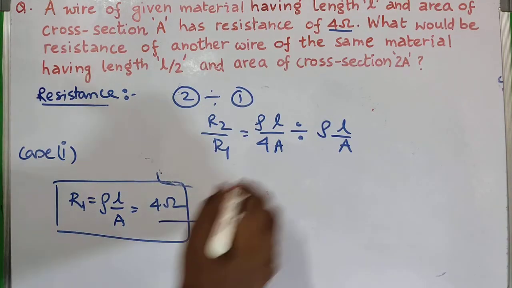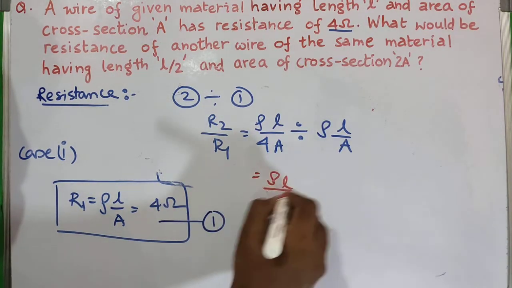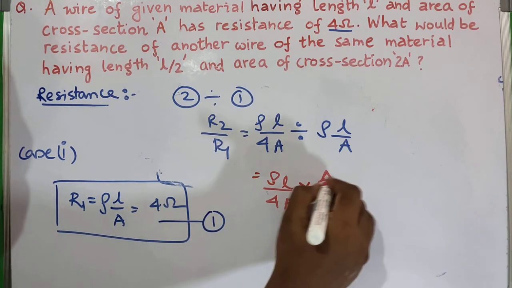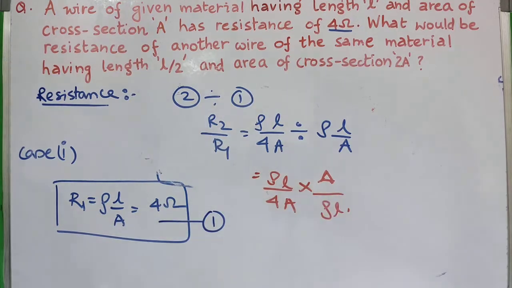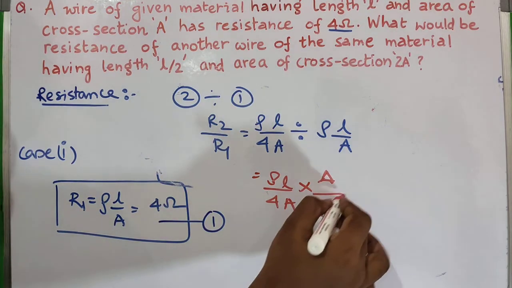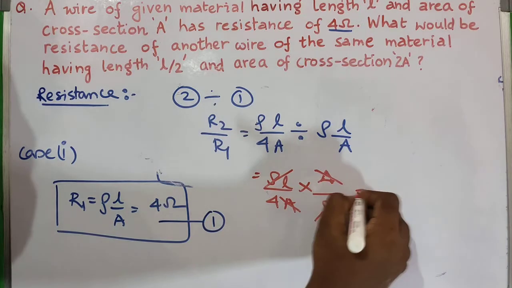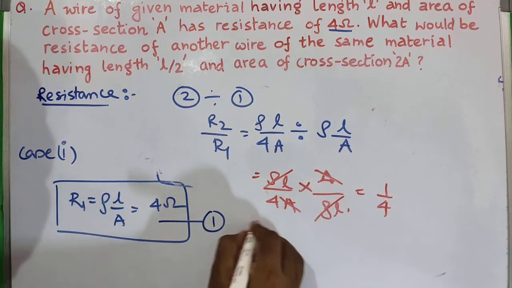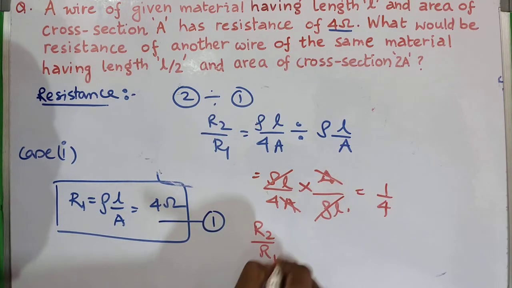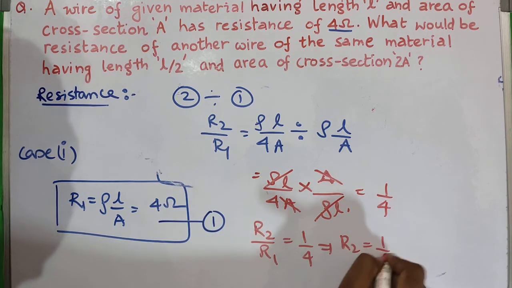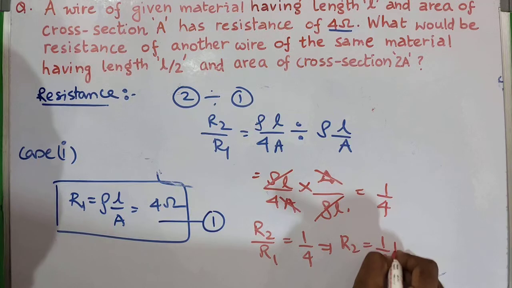So R2 by R1 is equal to, how can I write this? Rho L by 4A into A by rho L. So let us cancel this. Rho, L, A get cancelled. So what are we left with? 1 by 4. So R2 by R1 is equal to 1 by 4. So R2 is equal to 1 by 4 times R1.